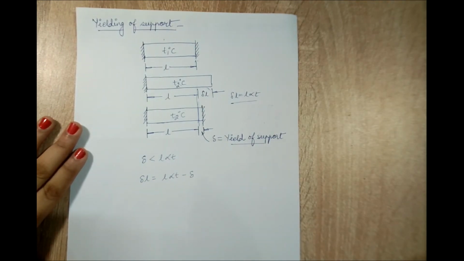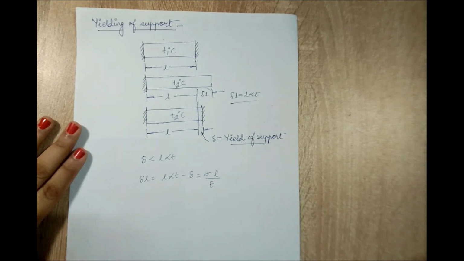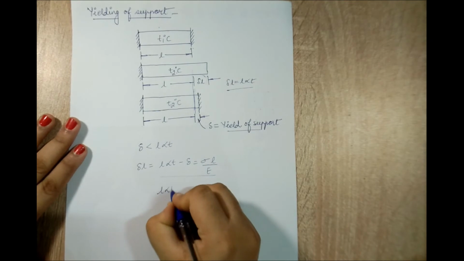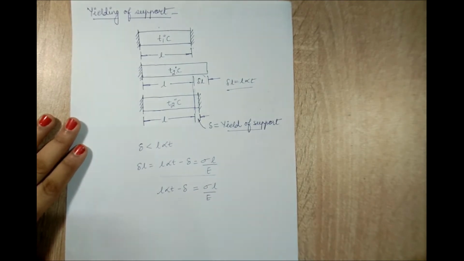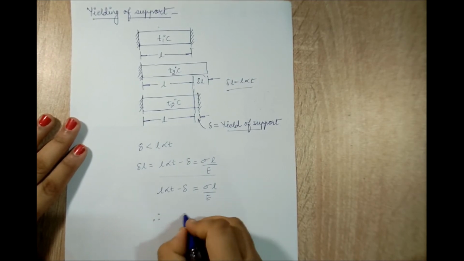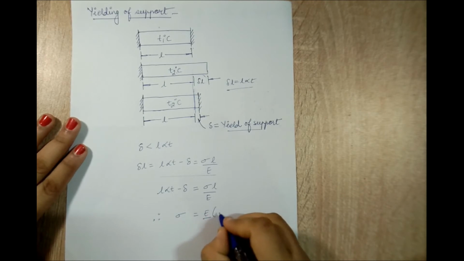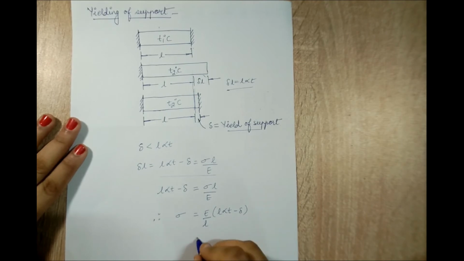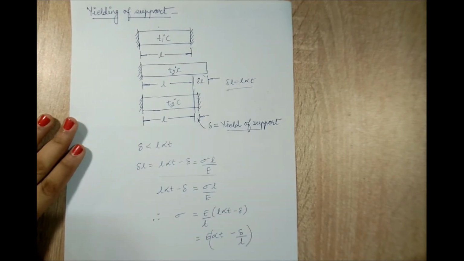Del is my yield, which will again be equated to sigma L upon E. When I again take out these terms, I get L alpha T minus del is equal to sigma L upon E. So if I have to find the value of sigma, it will be E into L alpha T minus del, divided by L. If I divide by L inside, I get E into alpha T minus del by L. I'll just close the bracket.